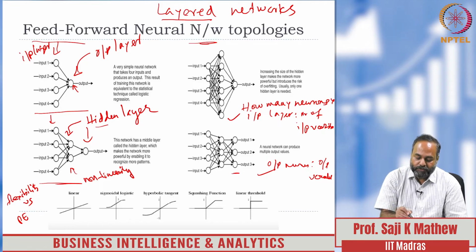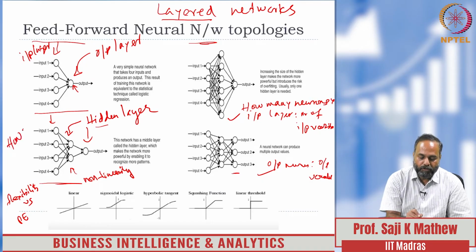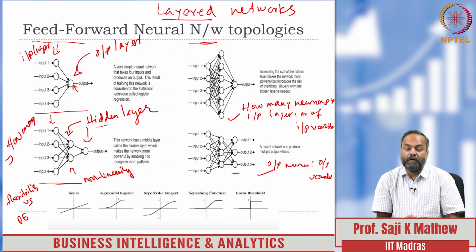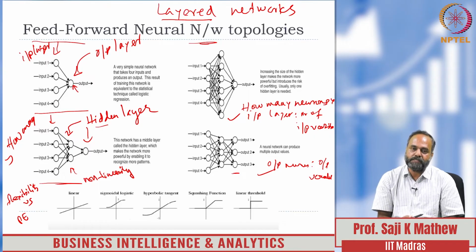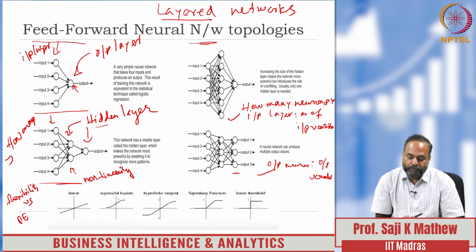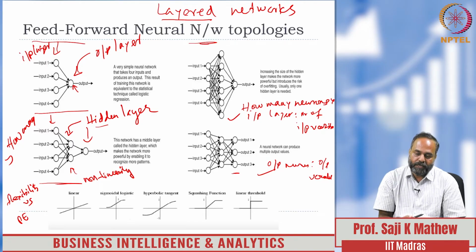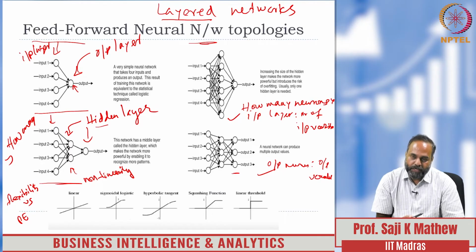So therefore the question of how many hidden layers is a question of solving the bias versus variance problem. Too much flexibility increases prediction error, too little flexibility fails to capture non-linearity.